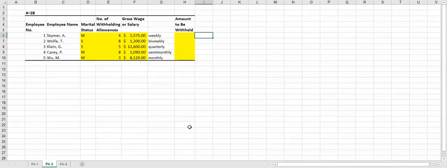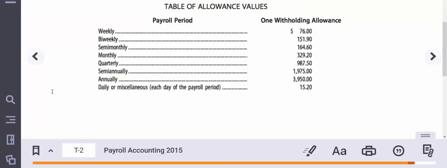The first thing I like to do is write down how much each allowance is worth. It saves me from flipping pages later. Since Skymer is married, he is for withholdings and he is paid weekly. We're going to look on page T2, which is the same for the 2016 edition.